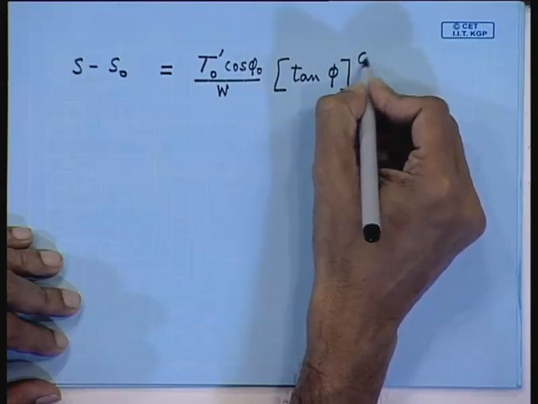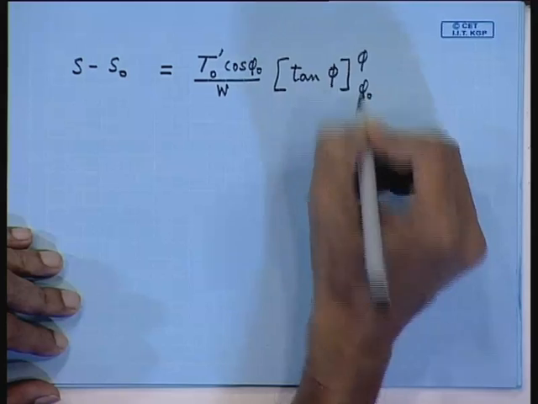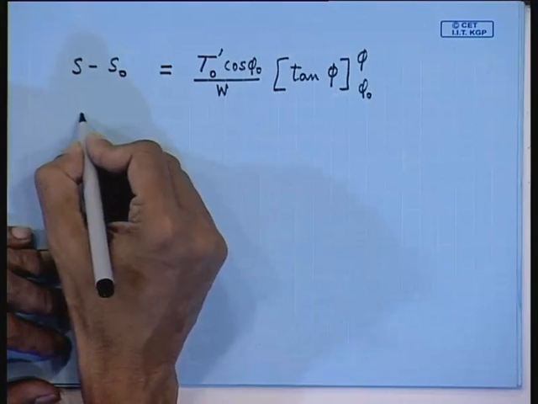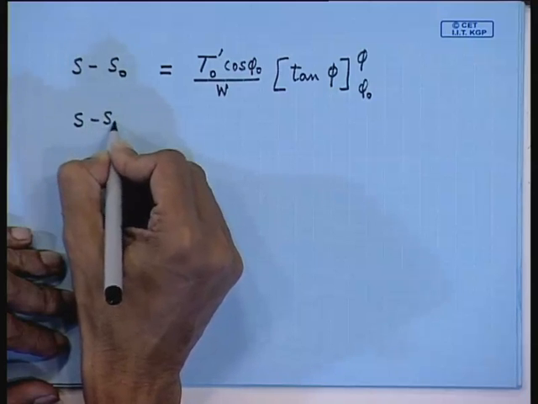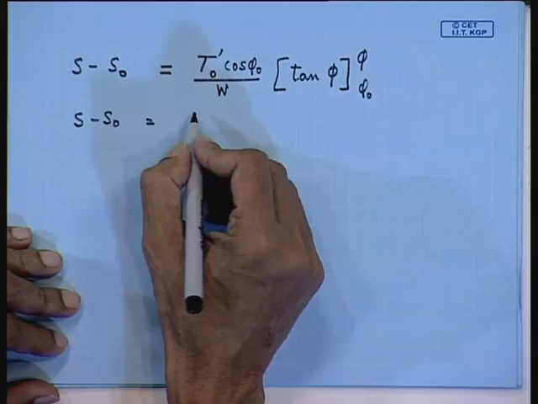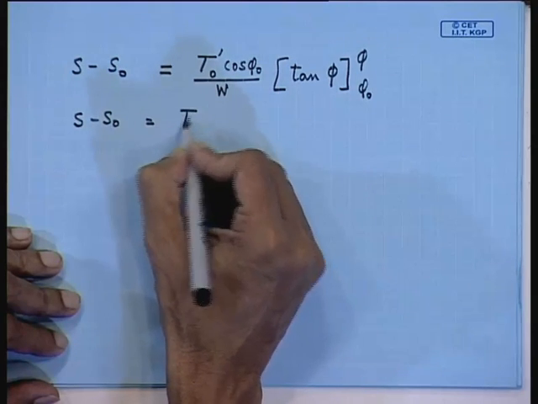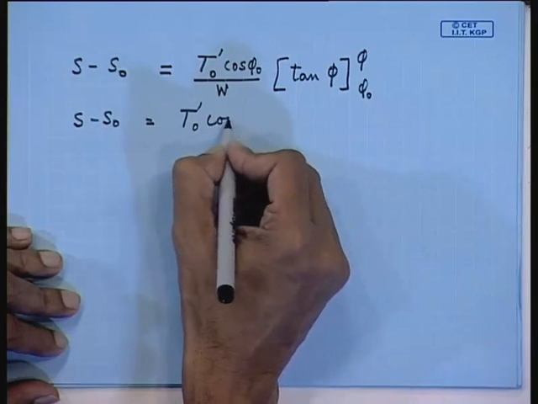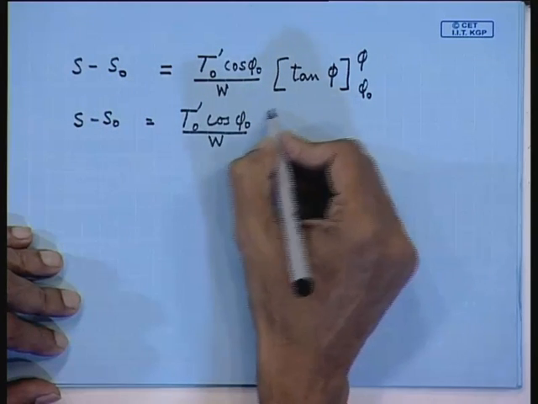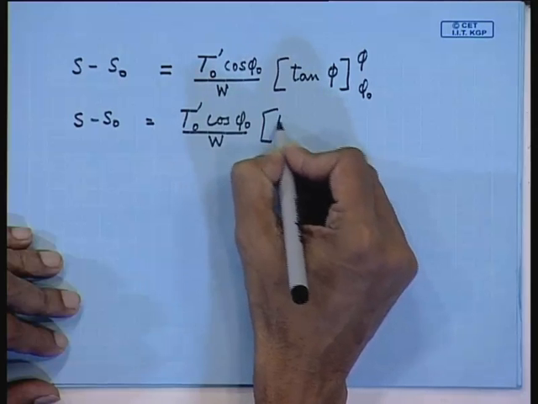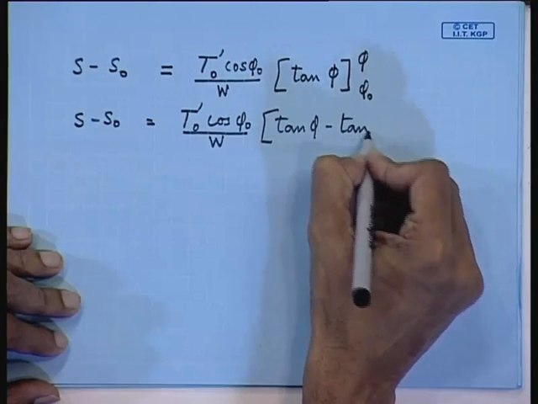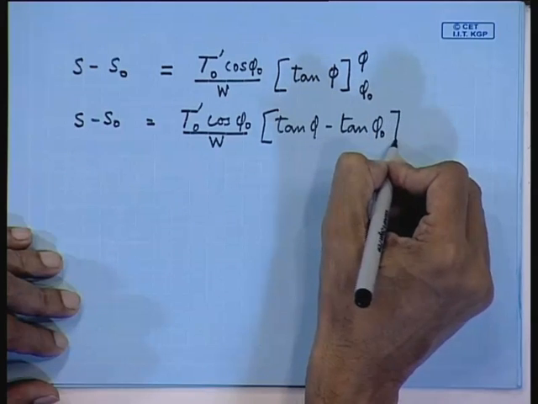So this will be from phi naught. Ultimately your equation is coming like this: S minus S naught equals cos phi naught over W, and this expression will be tan phi minus tan of phi naught. So we are getting this expression.